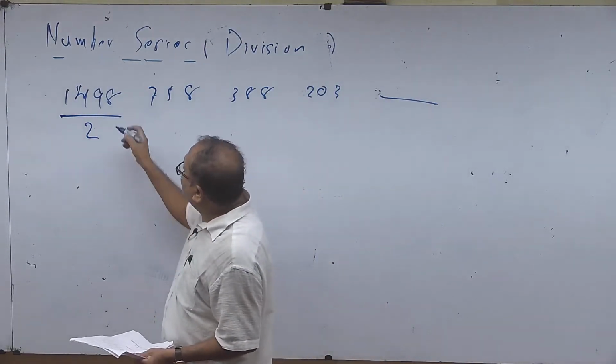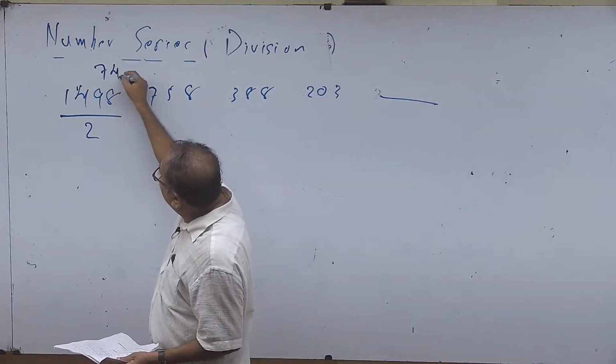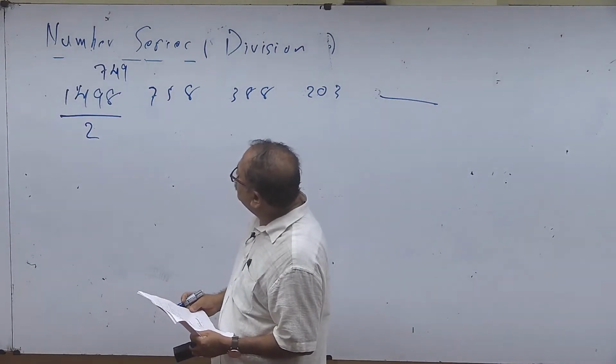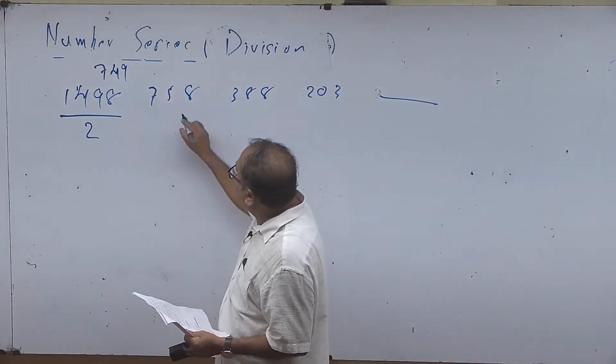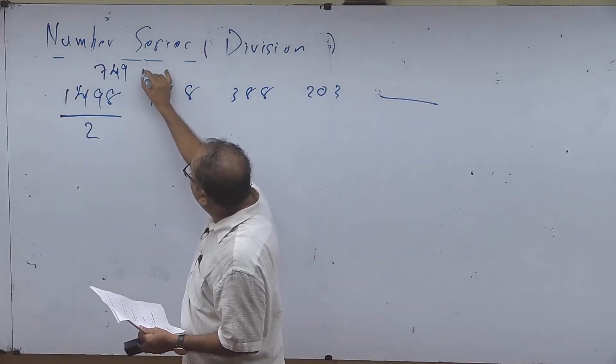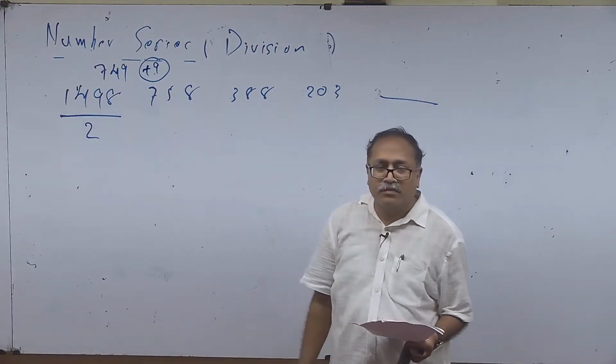So that is 7 and 98, that is 49, and here we are getting 49, right? Okay. But the number given here is 58. So that means what is the addition here? Plus 9.